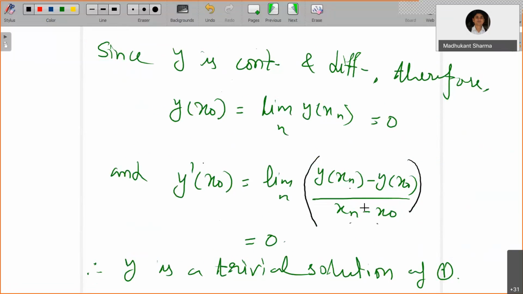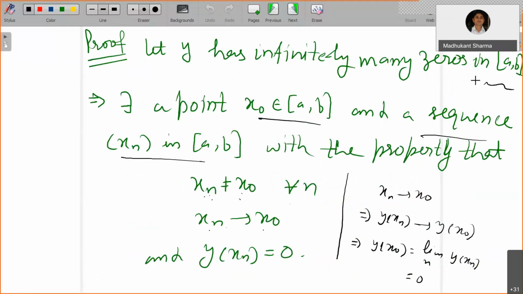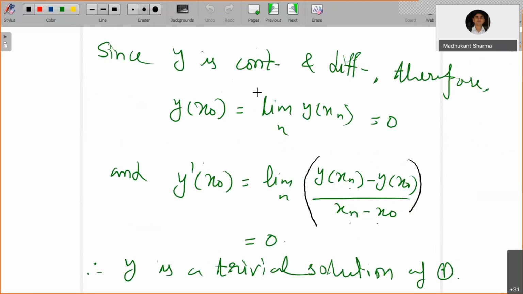So for each n, this term is 0, and the limit of the zero sequence is 0. So what we have observed is that if we start with the assumption that y has infinitely many zeros in AB, then we are able to identify a point x0 at which y at x0 is 0 and y dash at x0 is also 0.